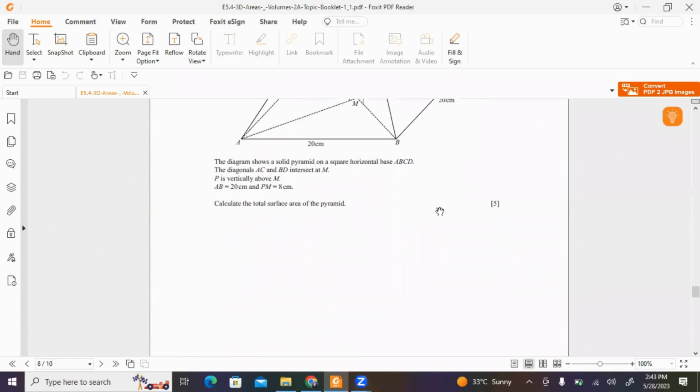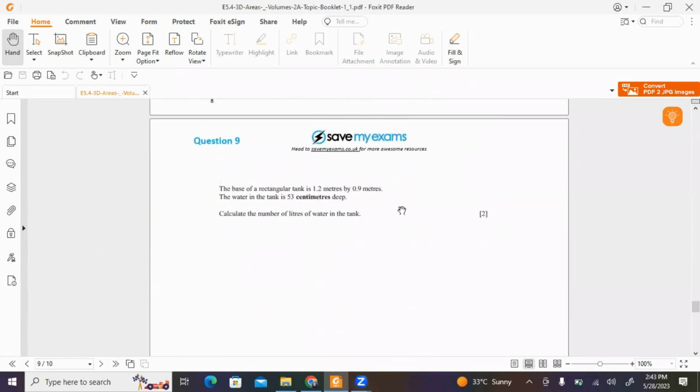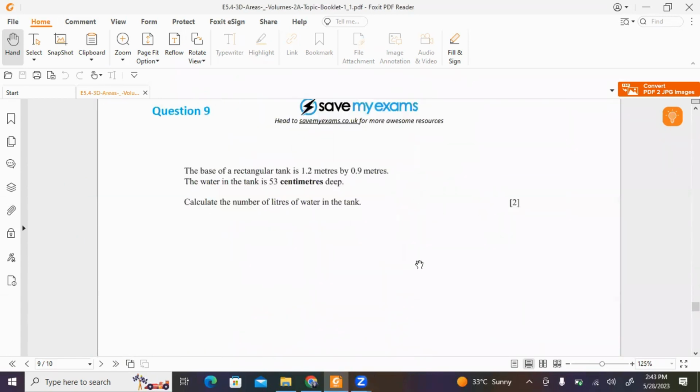Then if you move on to the next one, question 9 is saying that the base of the rectangular tank is 1.2 meters by 0.9 meters. So if I roughly draw a rectangular tank, let's say the tank base is 1.2 by 0.9. And the water in the tank is 53 centimeters, so this length is 53 centimeters.